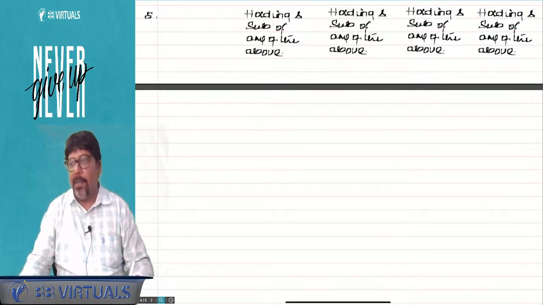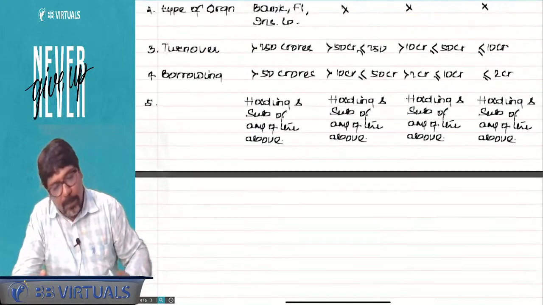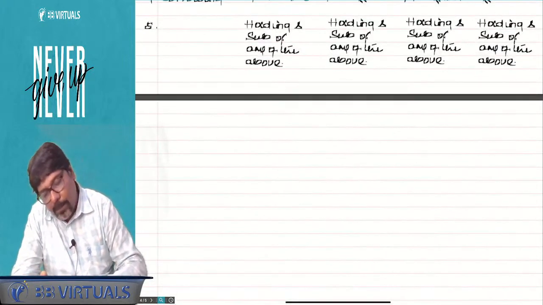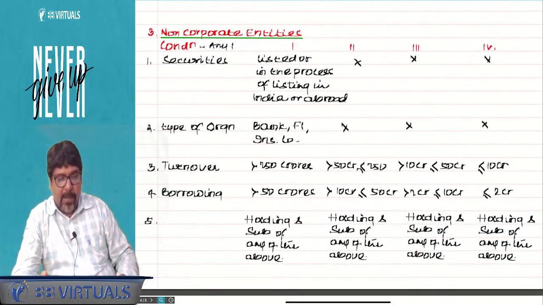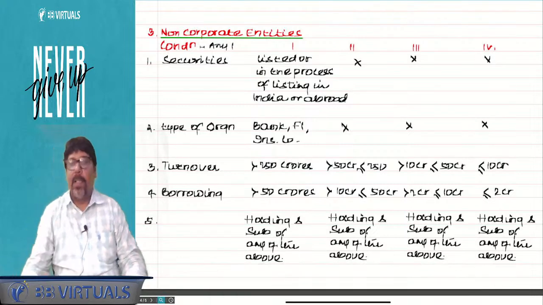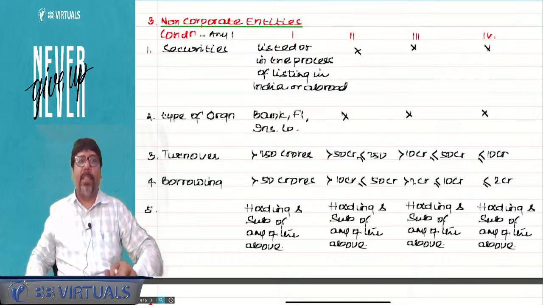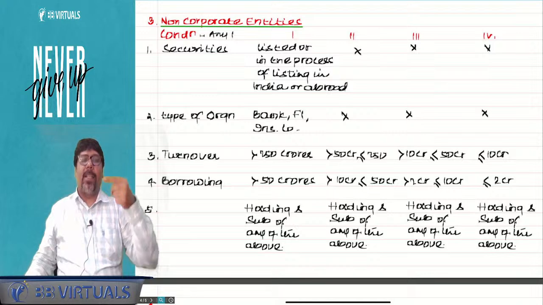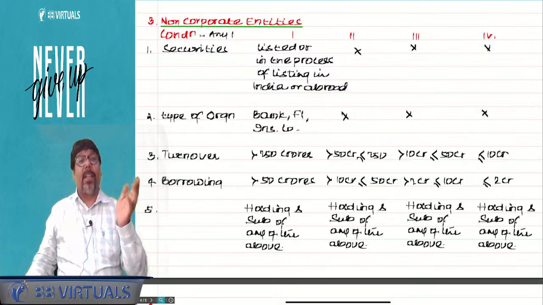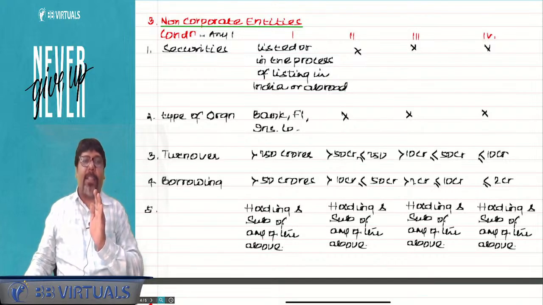Now chartered corporate entities. So level 1 is more than 250 and 50, level 2 is 50 to 250 and 10 to 50.